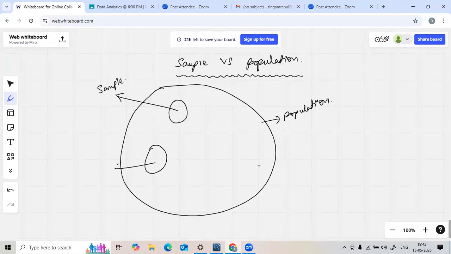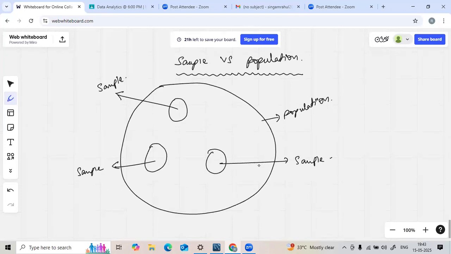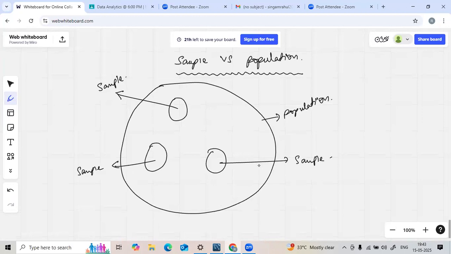There you can consider taking multiple samples too. I hope you got the basic understanding of what is population and what is sample. Population itself is nothing but everything, the entire data. Sample itself is nothing but a small portion of that data.